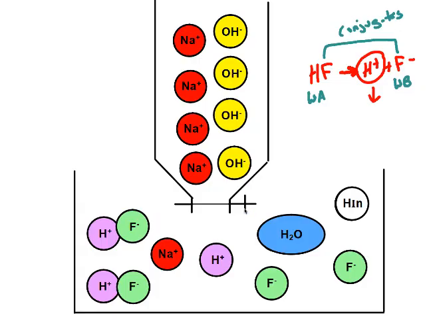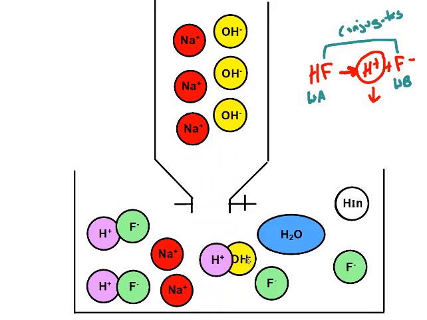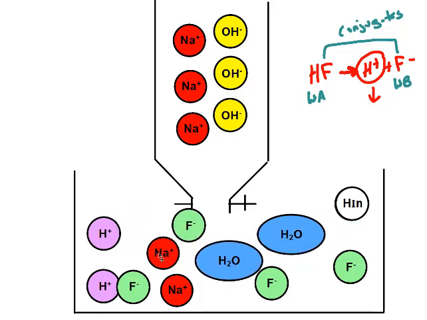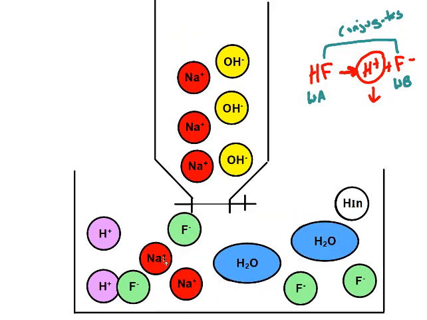If I let in another sodium hydroxide, my sodium's a spectator, my hydroxide reacts with the hydrogen to produce water, and another HF is going to break apart at that point. At this point, we have 2 hydrogens left.